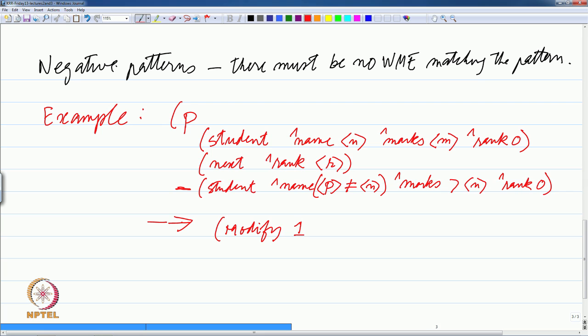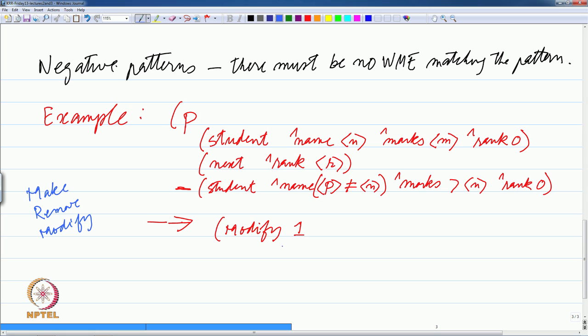So, now we are talking about actions, the right hand side is actions. So far I have only said that there is an action called make, but we also have an action called delete, which we may say is remove. We also have an action called modify, and when we say modify 1, we basically mean the first pattern essentially.